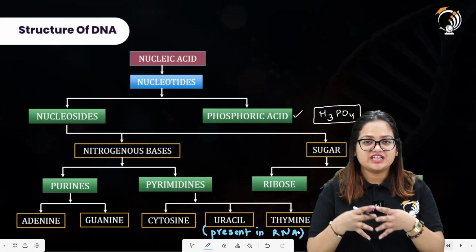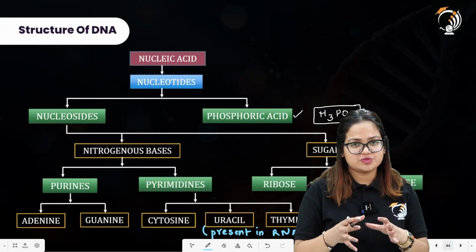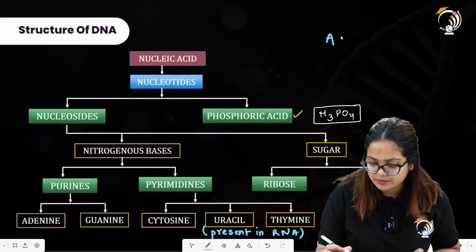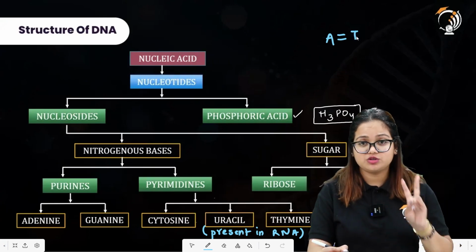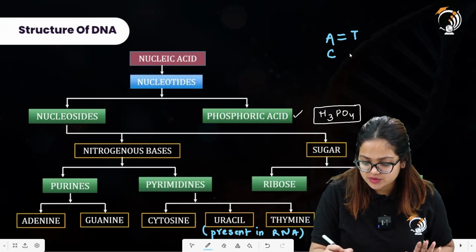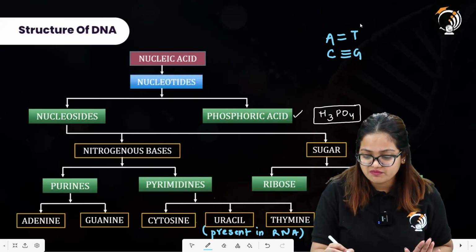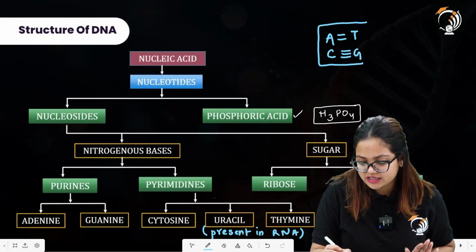We are going to study the bonding of the nitrogenous bases with each other, where we will also talk about how adenine binds to thymine with two hydrogen bonds and cytosine binds with guanine with three hydrogen bonds, whenever we talk about DNA.